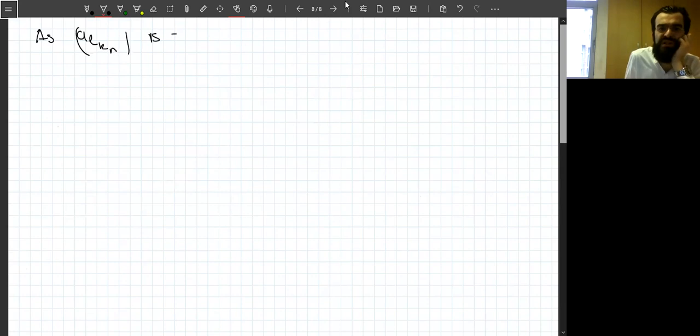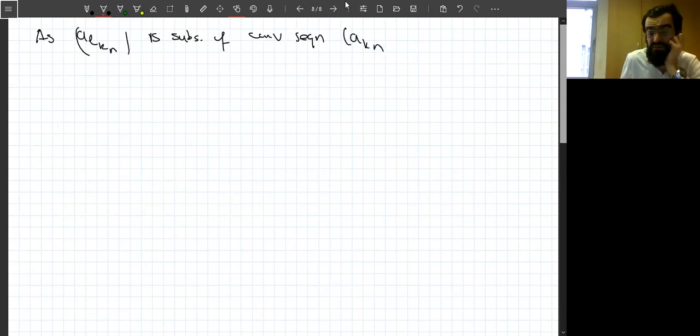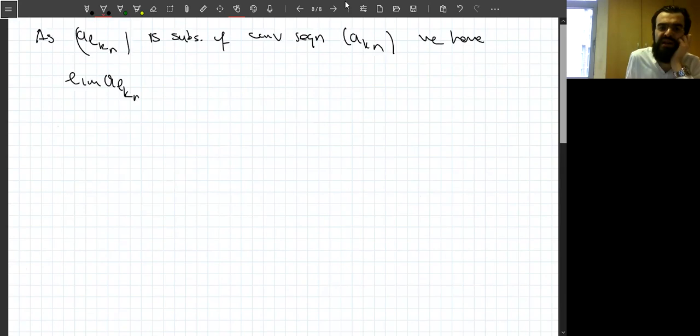Okay, now as a_{l_{k_n}} is a subsequence of the convergent sequence a_{k_n}, we have the limit of a_{l_{k_n}} is a.